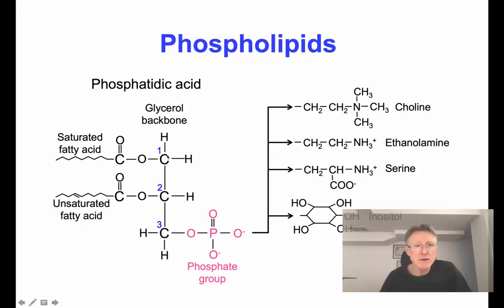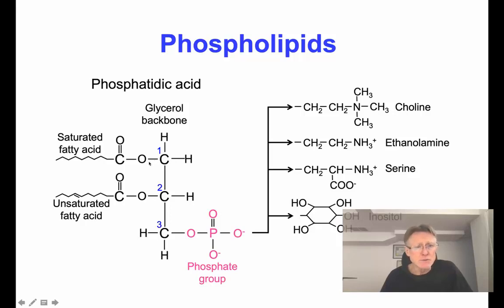So on carbon 1, you have a saturated fatty acid. This is the way phospholipids are actually made. It can be any, depending on the dietary source or what you eat. So the composition of the diet will determine which type of saturated fatty acid you have on carbon 1.